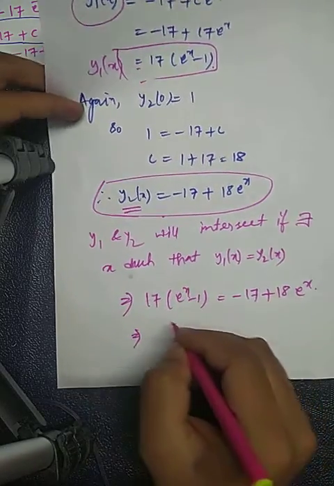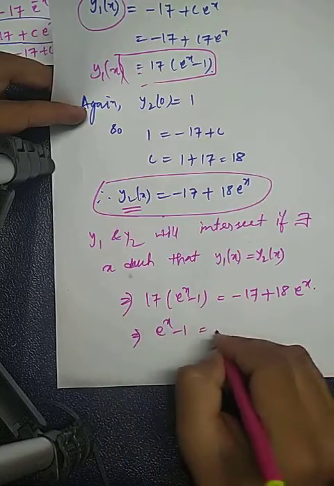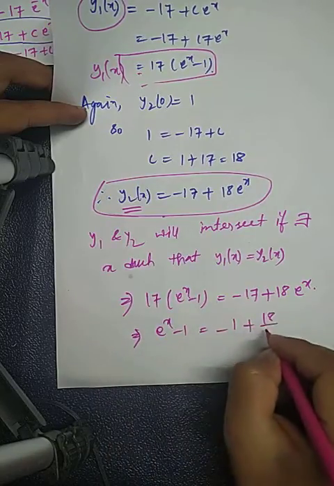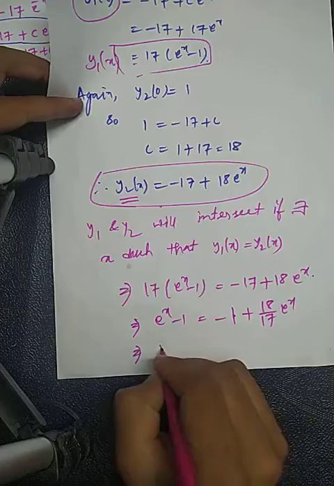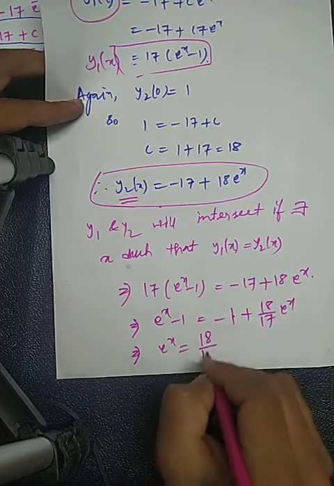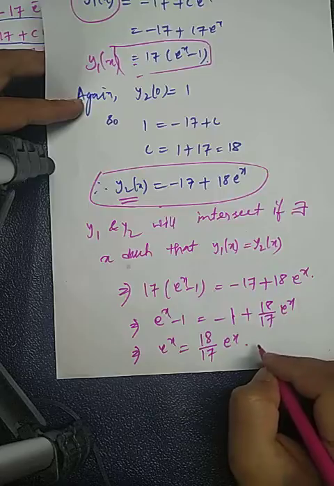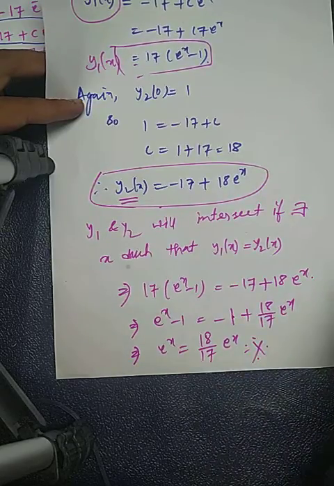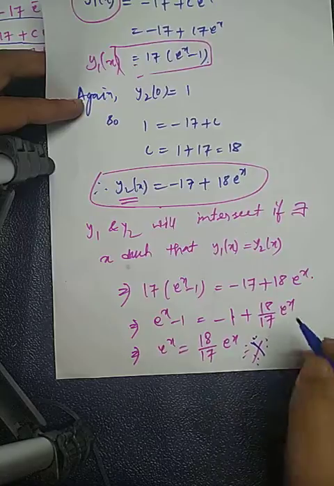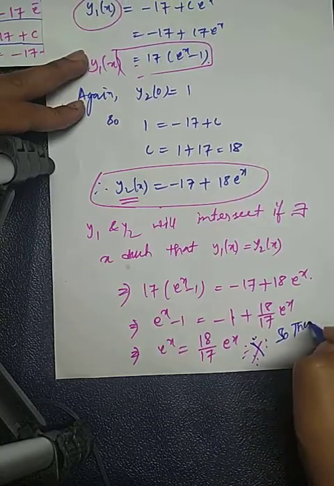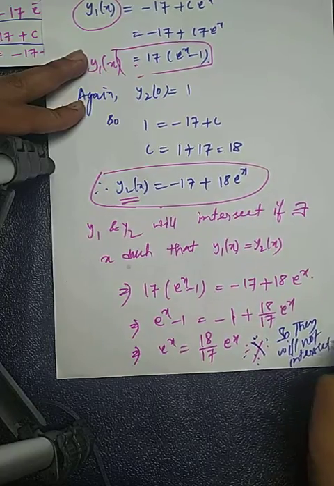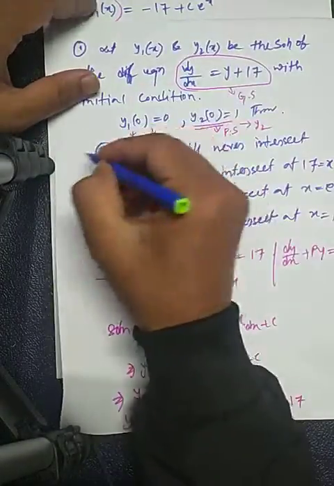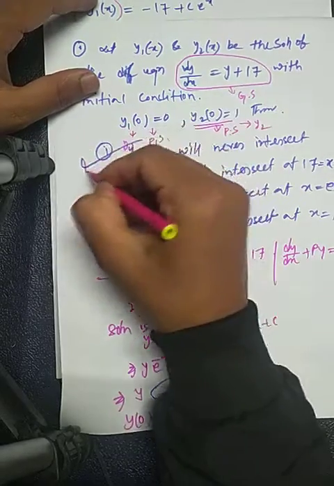This implies e to the power x minus 1 is equal to minus 1 plus 18 by 17 of e to the power x. So this implies e to the power x is equal to 18 by 17 of e to the power x, which is a contradiction. This is not true. So they will not intersect. They'll never intersect, so option A will be true here.